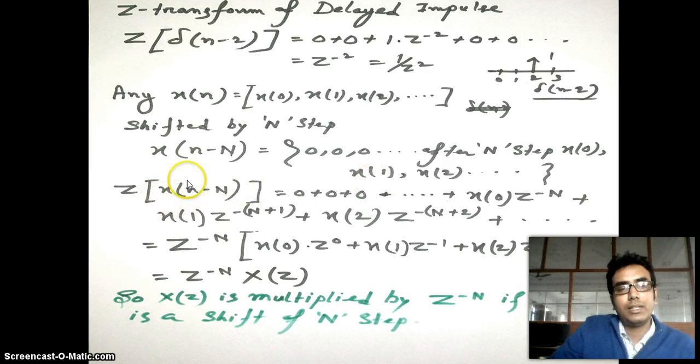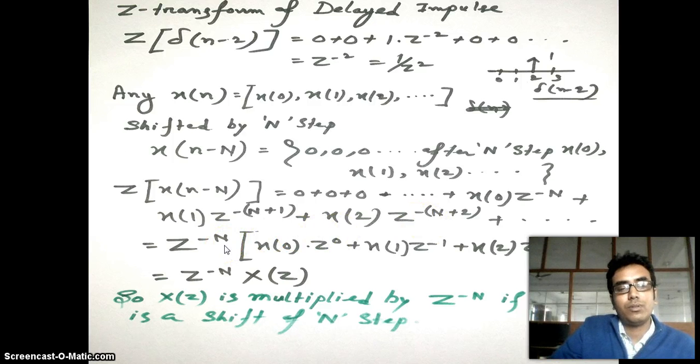So what will be the Z transform of x of n minus n? Then it will be 0 plus 0 plus 0, after n steps, x[0] into z to the power minus n plus x[1] into z to the power minus n minus 1, x[2] into z to the power minus n minus 2, and so on.